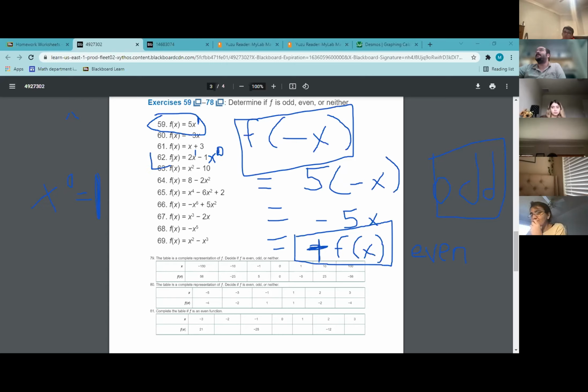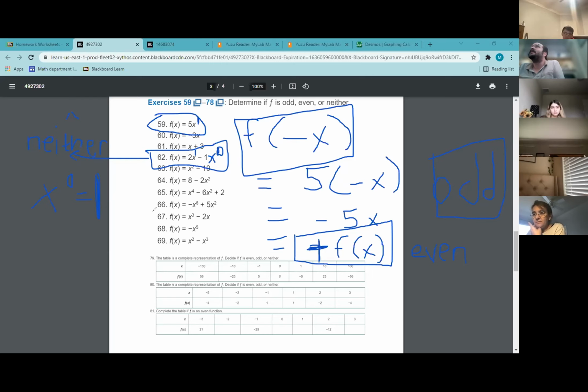So if we look at this one and we look at the powers, I know 62 wasn't one of the ones we did, but if this has an odd and an even power, if it's a mixture of powers, I'm going to do it without proving it real quick. But right away, I can kind of justify to myself that this one should probably come out as neither.